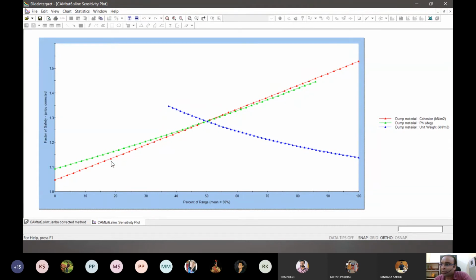Now, the good thing here is because it has basically normalized our X value, this graph is very representative of how sensitive a parameter is based on its slope. So the lower the slope is, the lesser the sensitivity is. The higher the slope is, the higher the sensitivity is in a linear way.